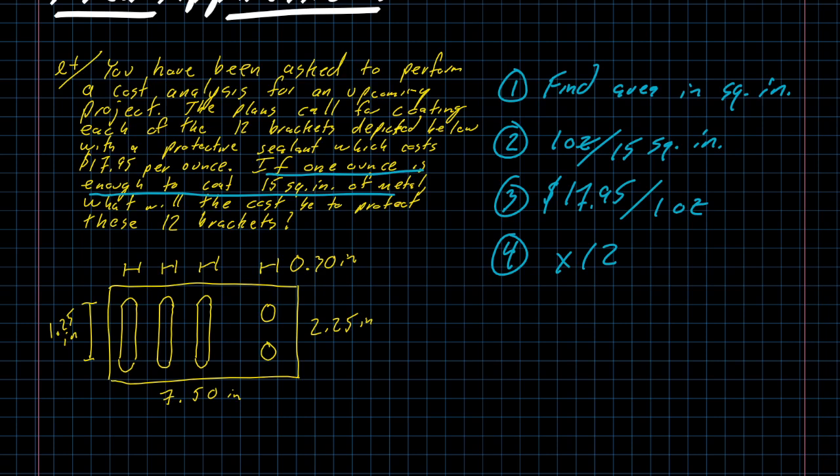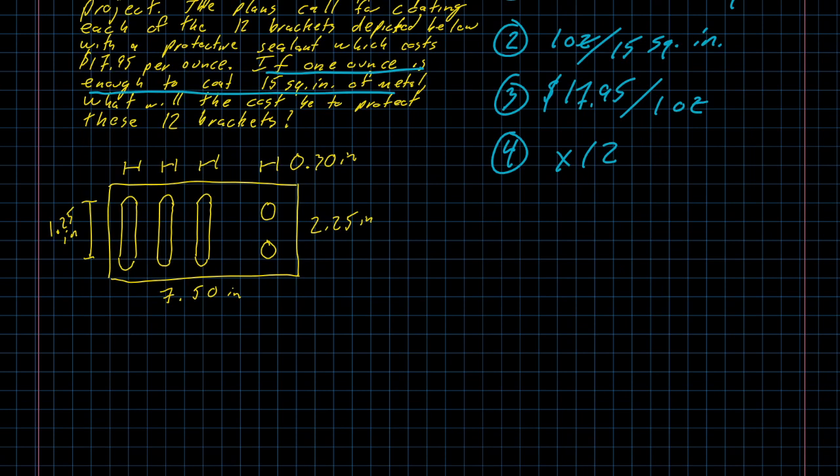Of course, I've given us a not entirely straightforward shape whose area we need to find in the first place. So that means that this is going to take a little bit of doing, but it shouldn't be that bad.